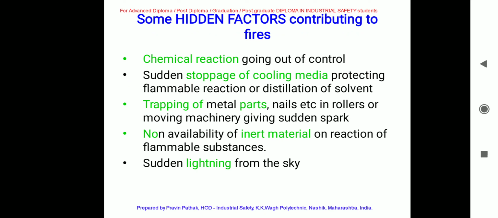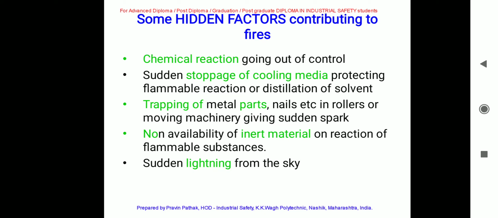So there are lots of characteristics of chemical reactions, and chemical reaction is one of the hidden factors. Then sudden stoppage of cooling media. If cooling media is required and a sufficient amount is not there, or due to some technical reason there is a sudden stoppage of cooling media, then it could catch fire.